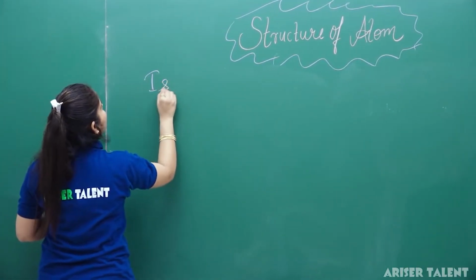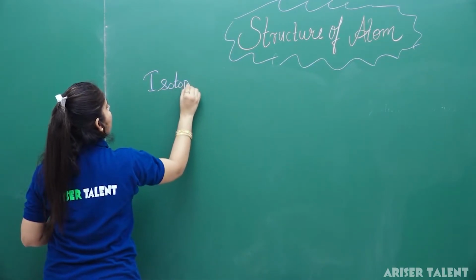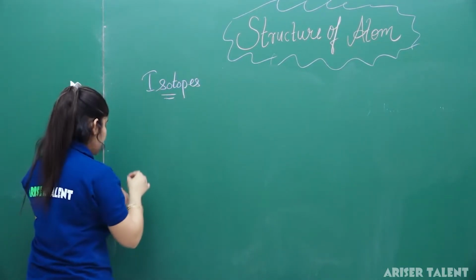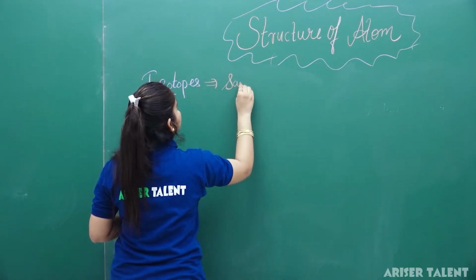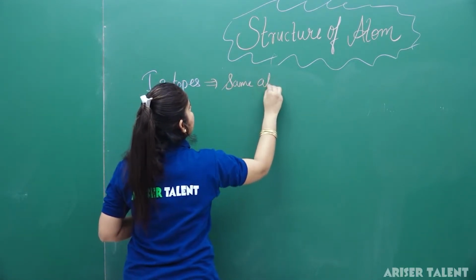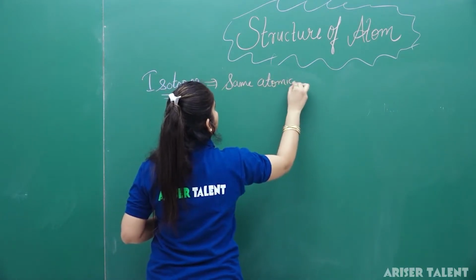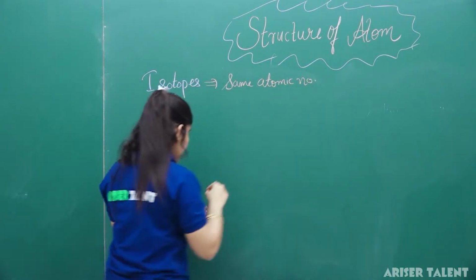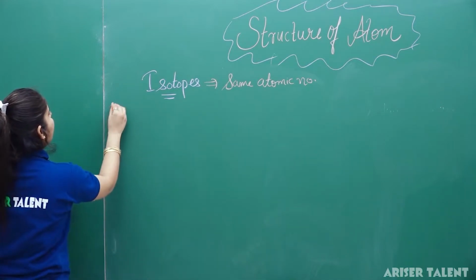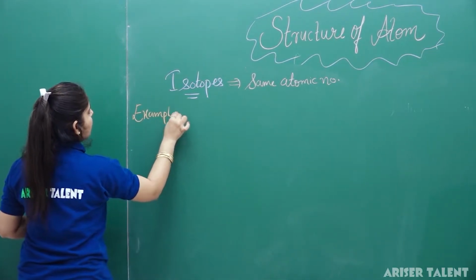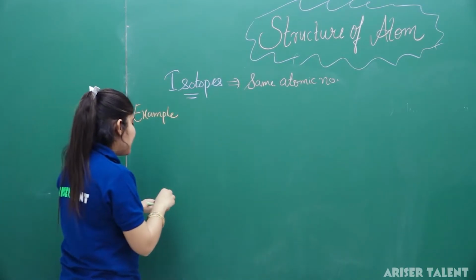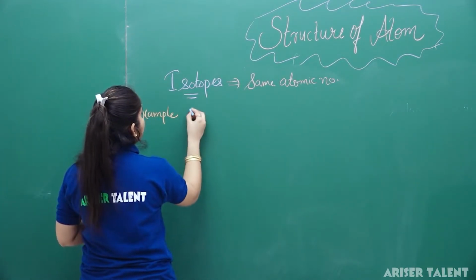So our topic is isotopes. Isotopes means having the same atomic number. Now we are considering an example for isotopes. We have taken an example of hydrogen over here.